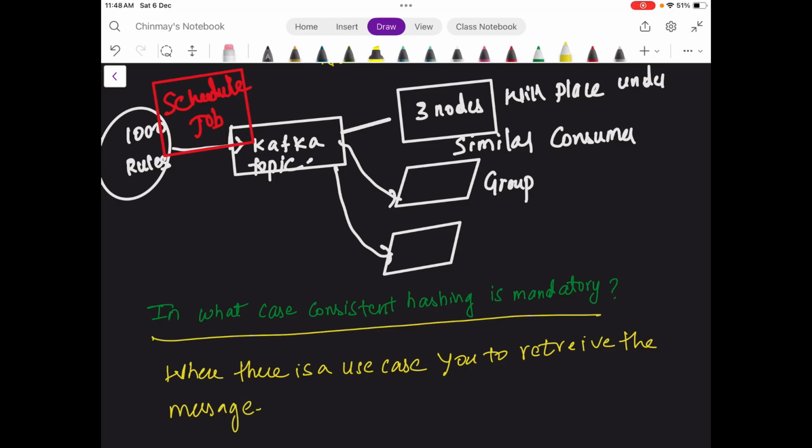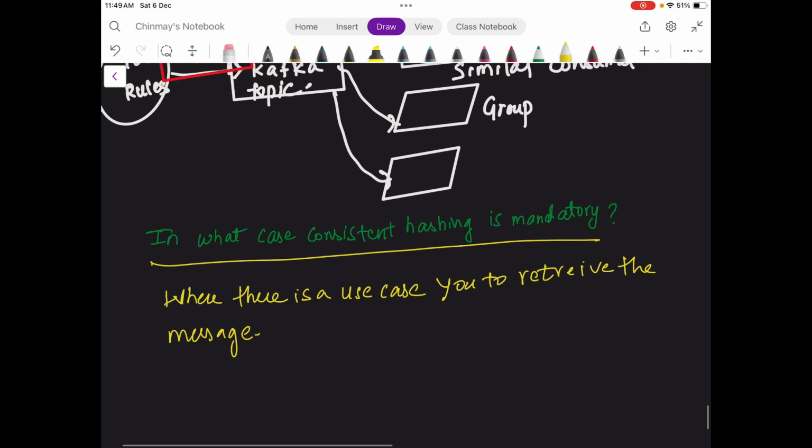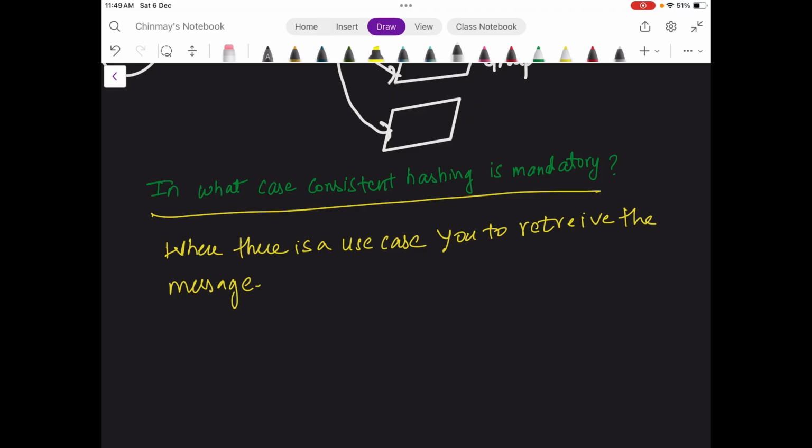In this Kafka use case, we just need to execute the rules. We don't need to retrieve the rule once it is distributed, right? In those cases, this approach will be perfectly fine. But where there is a need to retrieve the messages, in that case consistent hashing is the only solution we have.